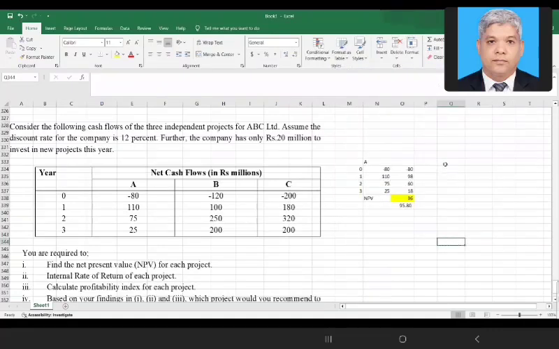Okay. So same way we can calculate for the B project. The B project initial investment is 120, and 100, 50, 200.